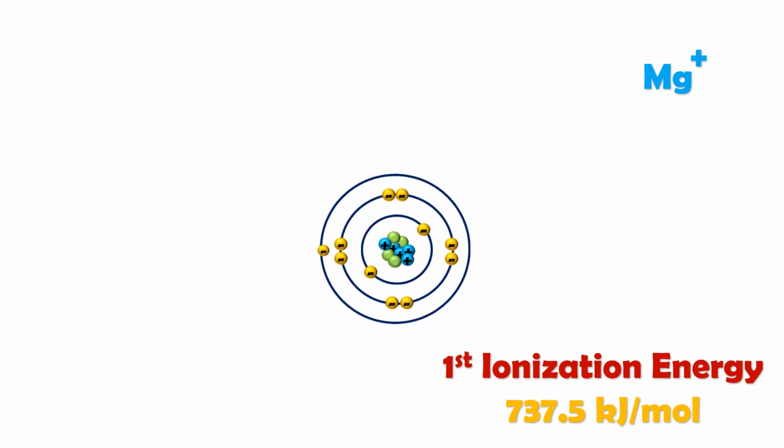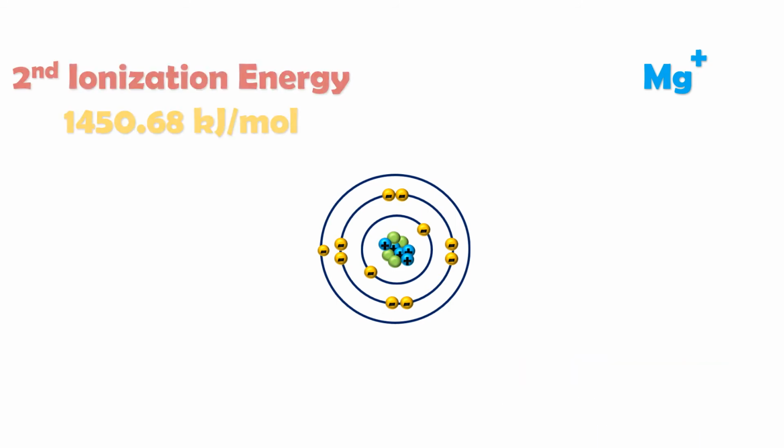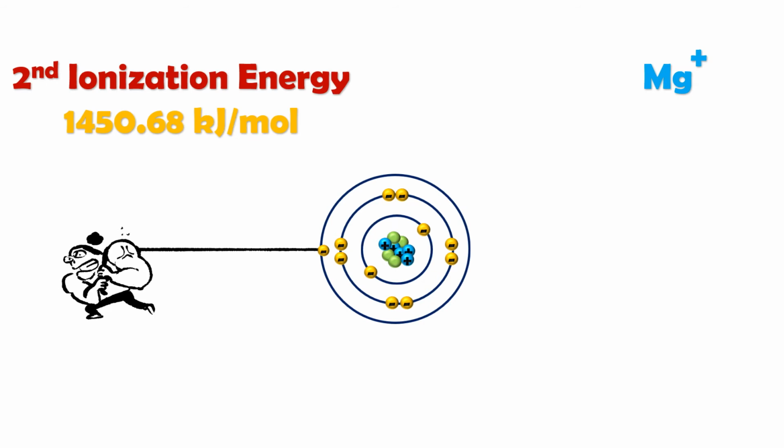After removal of the first electron, the remaining 11 electrons are pulled closer to the nucleus as nuclear attraction is still of 12 protons. So removal of the second electron becomes difficult due to greater nuclear attraction. So removal of the second electron requires 1450 kJ per mole energy, which is greater.